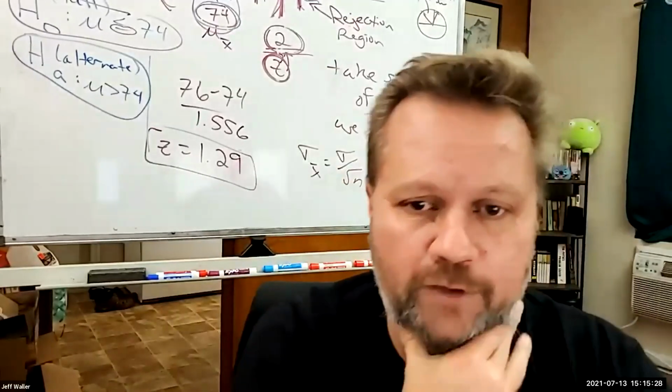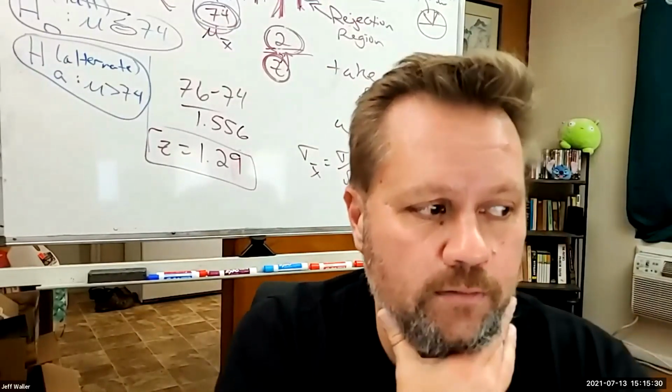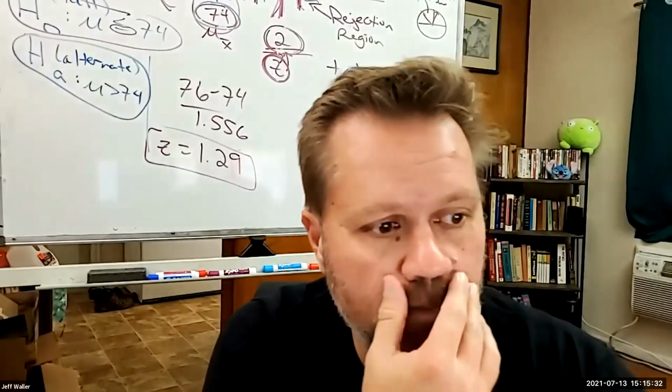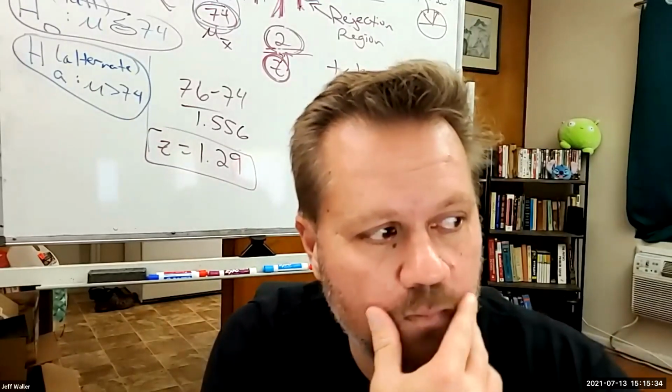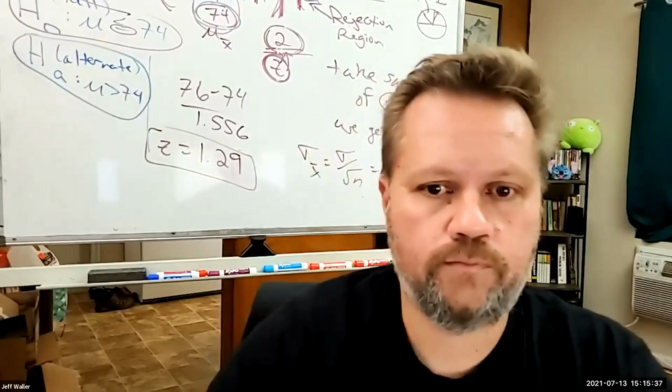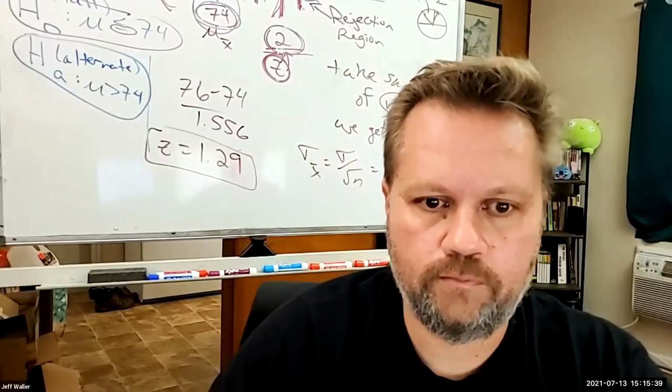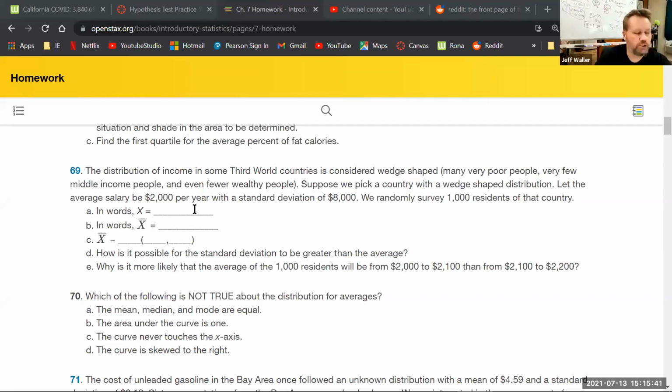So why are the averages? What's the mean again? 2,000. So in a normal curve, where would most of the data be? Considering what the shape is, and the mean is right in the middle.